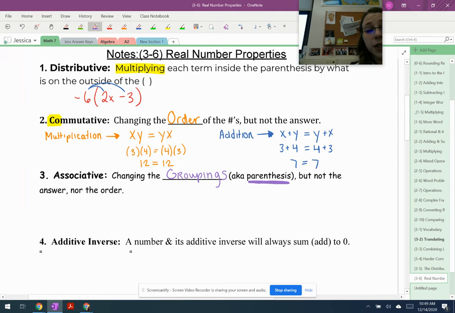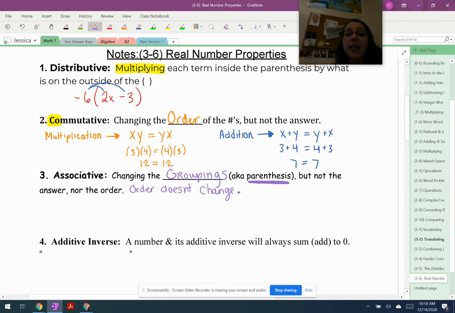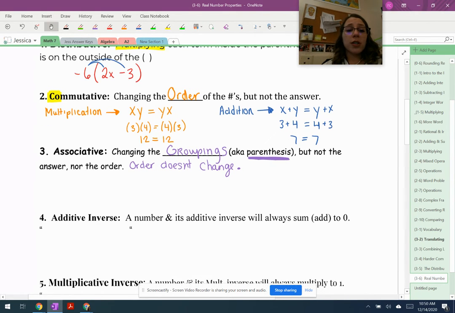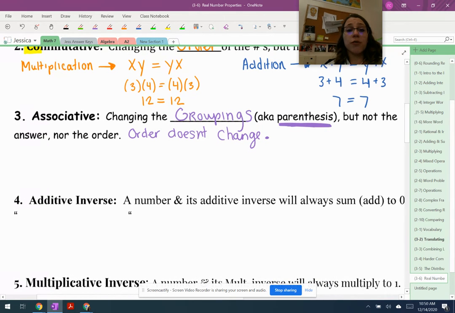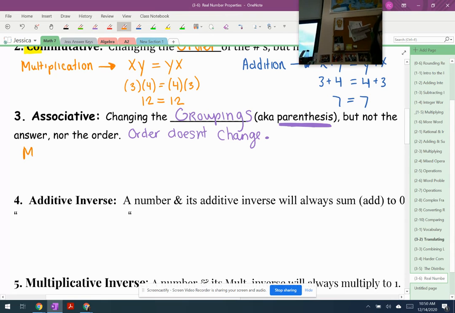The order does not change. The order of those numbers doesn't change because if it did, that would be the commutative property. So just like the commutative property, the associative also works for multiplication and addition.